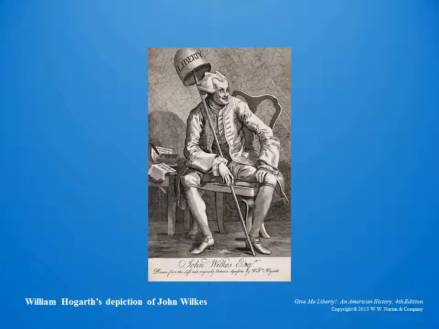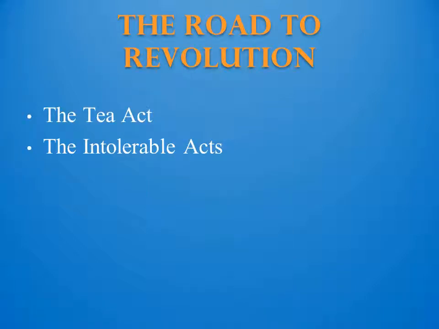Here we see John Wilkes depicted holding the Liberty Cap. He becomes a very popular symbol for freedom on both sides of the Atlantic, both in Britain and in the United States.